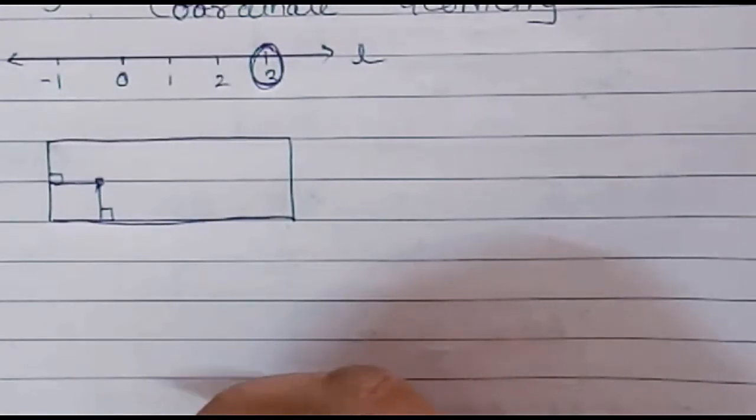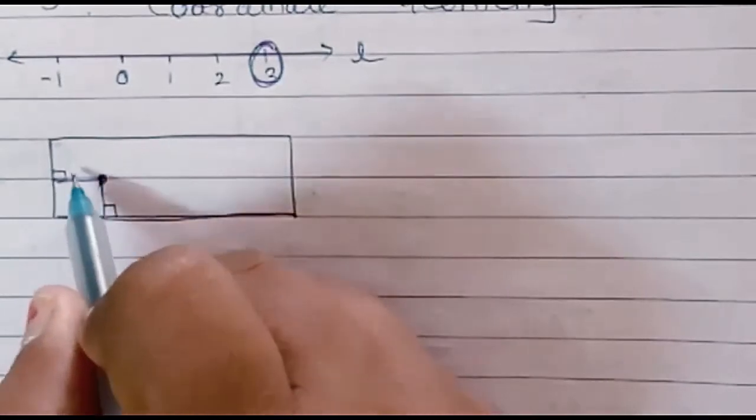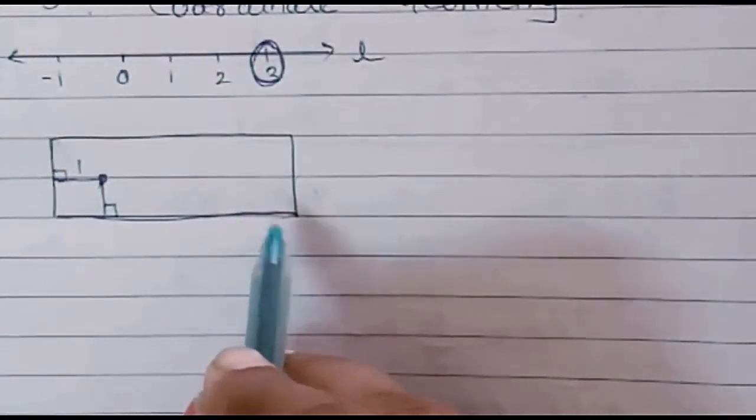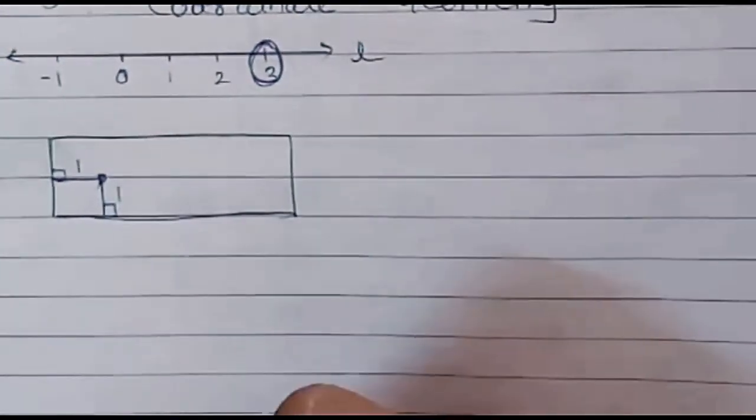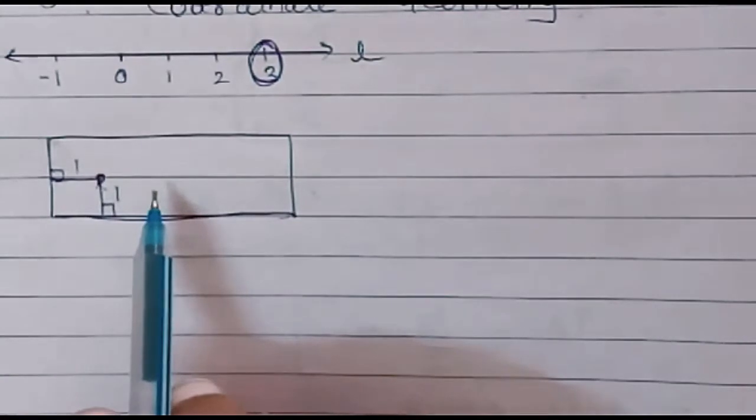After measuring, I can say the distance of this point from the smaller edge is 1 centimeter and the distance of this point from the longer edge is also 1 centimeter. So this is the exact position of the point on the surface of the table.